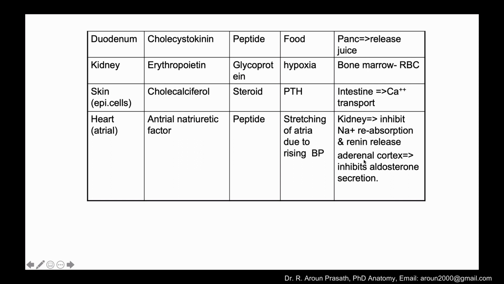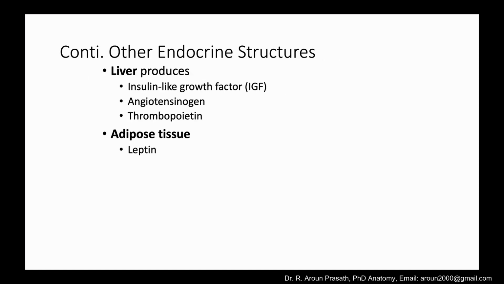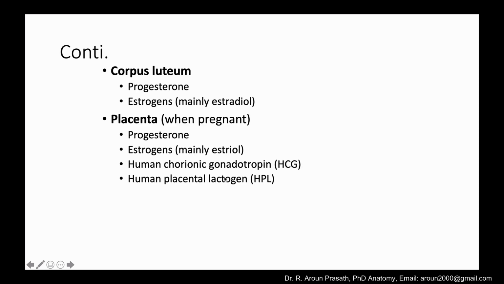It also helps the adrenal cortex to inhibit aldosterone secretion. So you see, these are various other endocrine hormones secreted by the duodenum, stomach, kidney, skin and the heart. Apart from this, the liver produces insulin-like growth factor, angiotensin and thrombopoietin, and adipose tissue produces leptin.